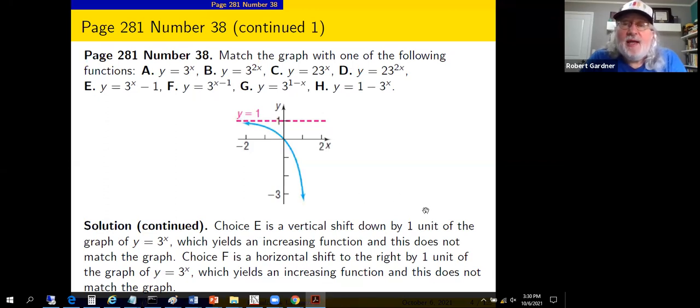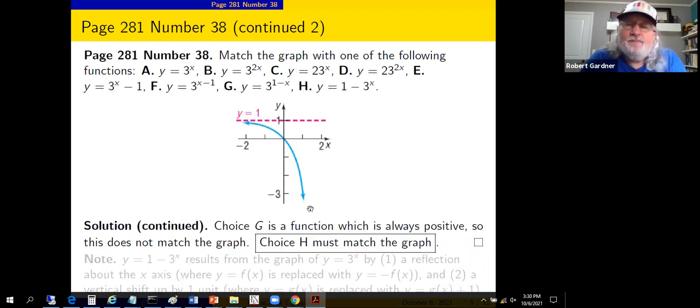That leaves G and H, both of which are somewhat more complicated. G is 3 to some power. You take 3 to a power, you'll get something positive out. So G is a function which is always positive, and this function isn't, it's negative.